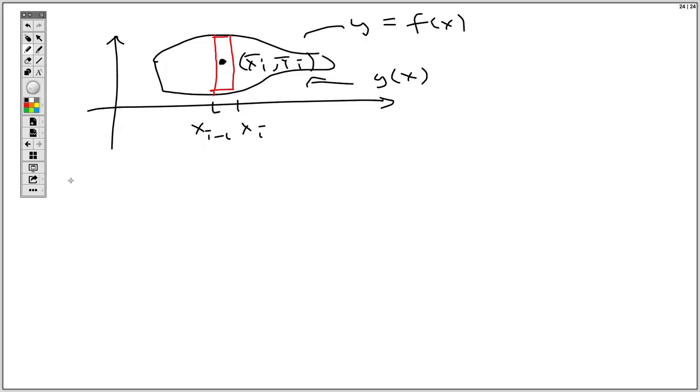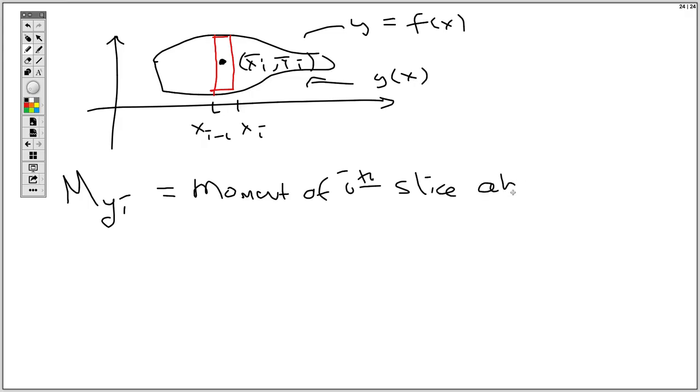If I wanted the, I'm going to let M sub y i be the moment of the ith slice about the y-axis.